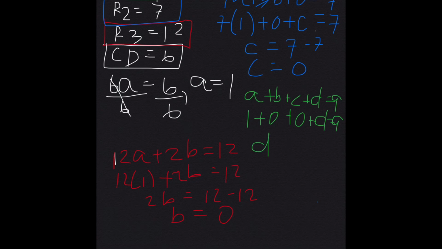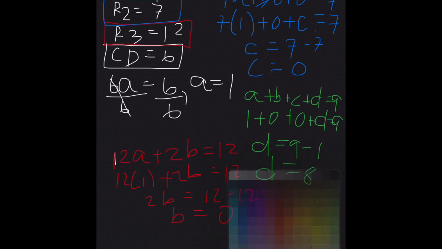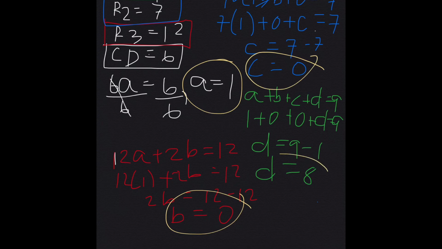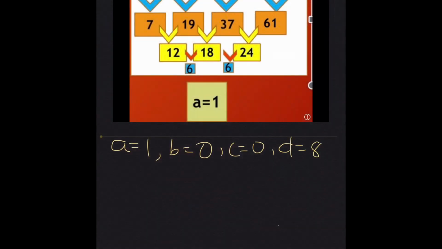Manipulate the equation, that gives us d is equal to 9 minus 1. d is equal to 8. Now that we have the values of a, b, c, and d, we can make an explicit formula for this sequence. a is 1, b is 0, c equals 0, d is equal to 8.